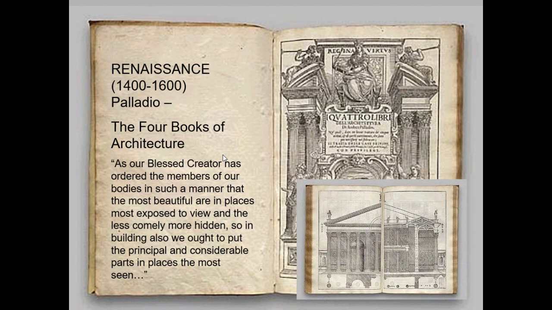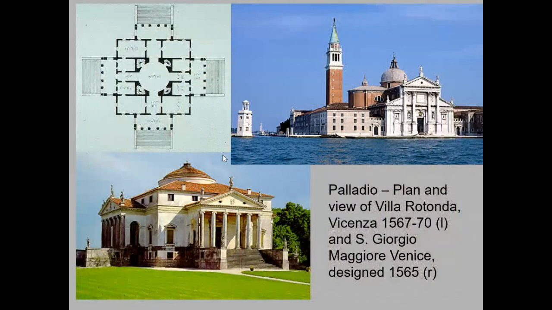So you can see some of the architecture of even our own downtown in Wilmington, but certainly the architecture of the U.S. Capitol in Washington, D.C. has its roots in the designs of the ancient Greeks and Romans, and then also, of course, the architects of the Renaissance.